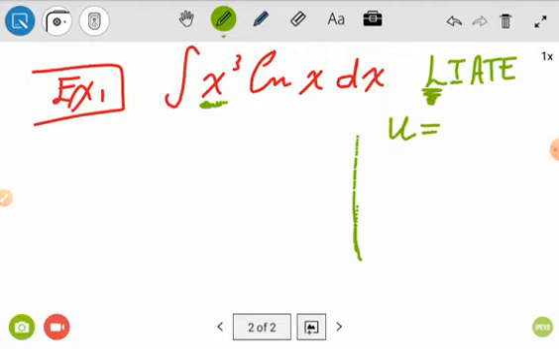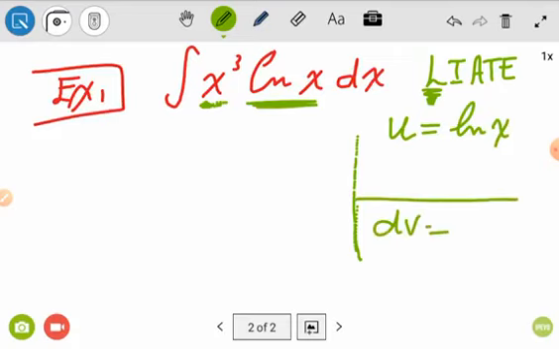The L stands for logarithm, and we have ln, and ln is one of the family of logarithmic functions. So u is ln x, and sure, dv is x cubed.